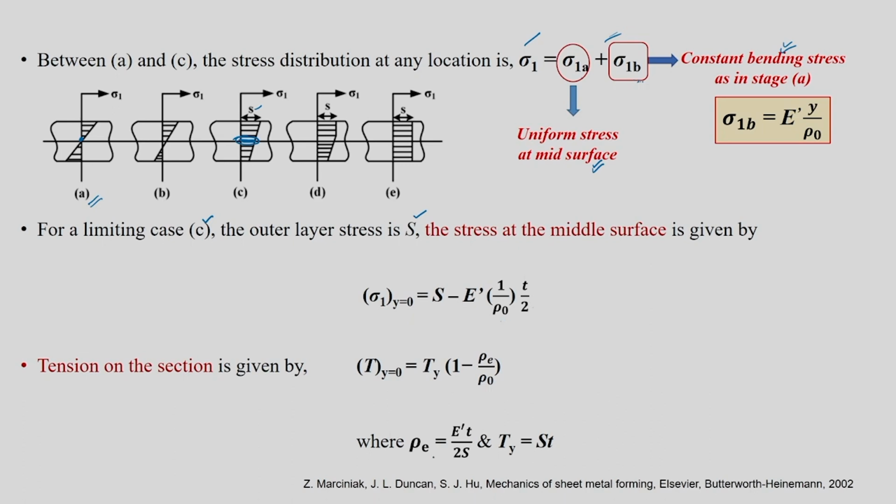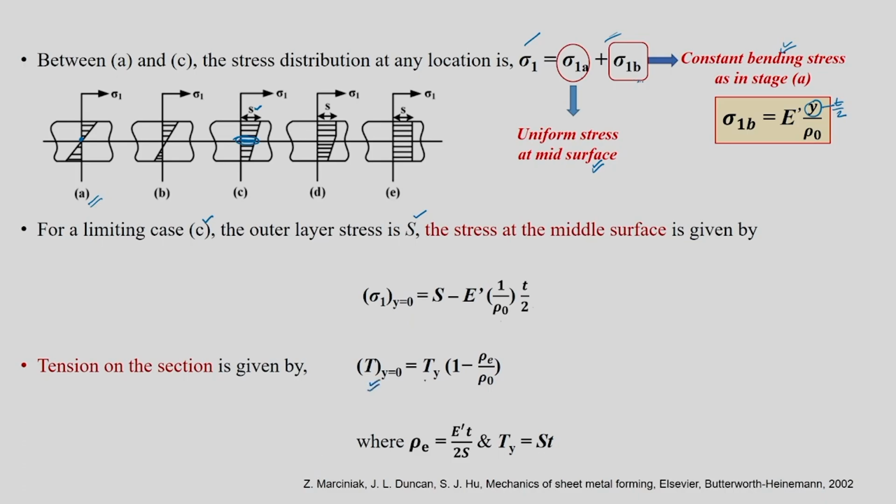My S is already there, and I am going to remove E dash into Y by rho naught into T by 2. I put Y equal to T by 2 here, so I remove that part, and I will get sigma Y at Y equal to 0. At the same time I can get the tension on that section.